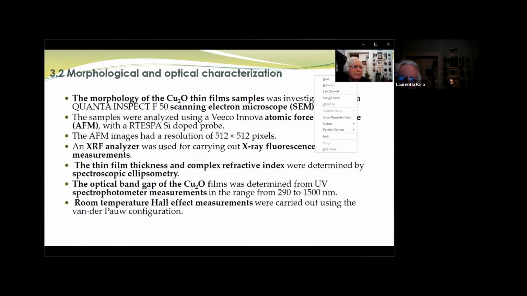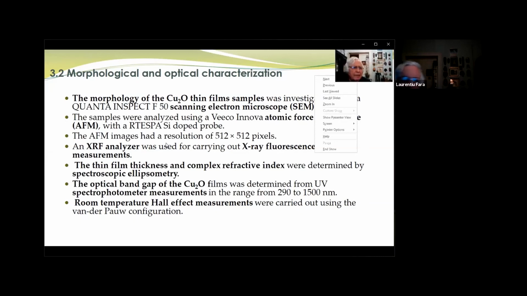And we have considered also X-ray fluorescence measurements with an X-ray fluorescence analyzer. The thin film thickness and complex refractive index were determined by spectroscopic ellipsometry.